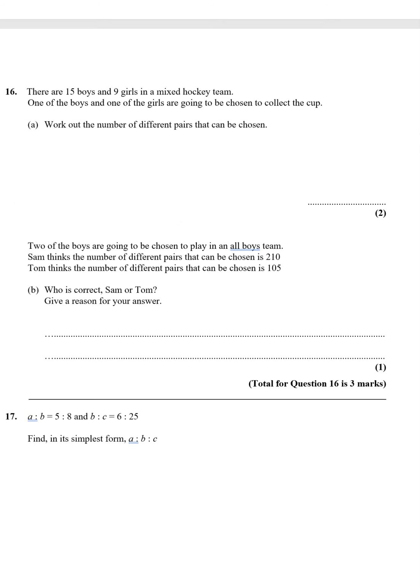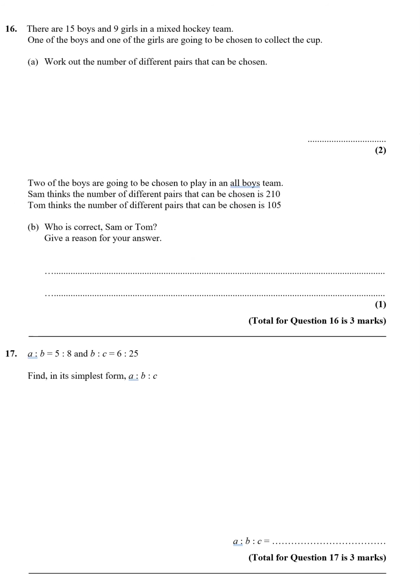Right, question 16. 15 boys and 9 girls in a mixed hockey team. One of the boys and one of the girls are going to be chosen to collect the cup. Work out the number of different pairs that can be chosen. Right, so for every one boy, there are 9 different girls that could be picked.